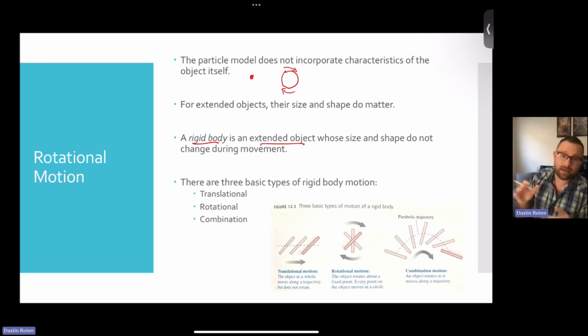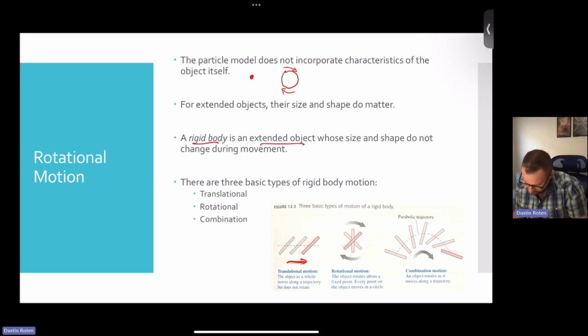There are three basic types of rigid body motion. We have the one we've been talking about, translational motion, where we have an object moving in one or two directions. We know how to deal with that. That's just 2D kinematics. We also have purely rotational motion, where something is not moving in the XYZ domains, but is sitting there spinning around one specific point.